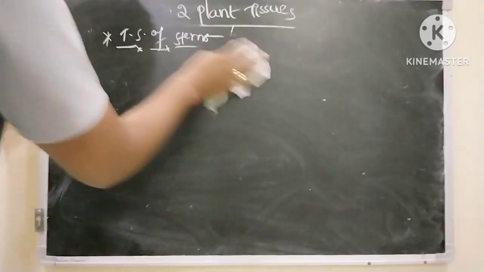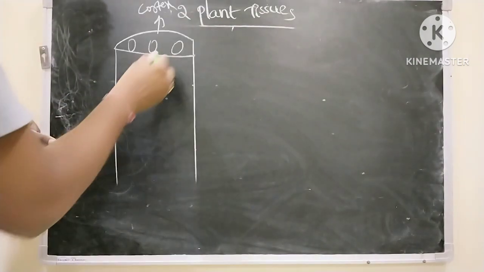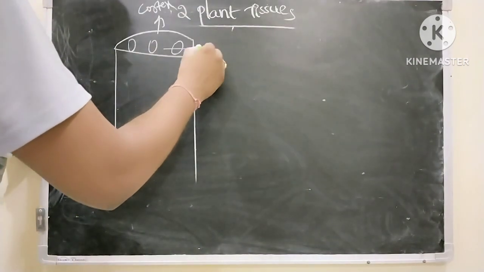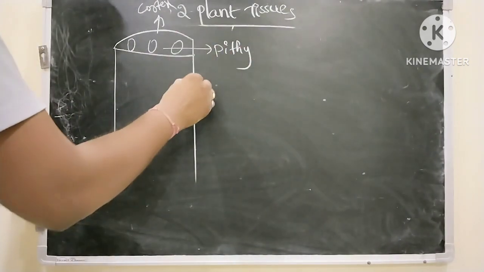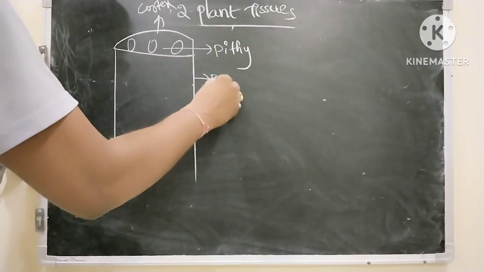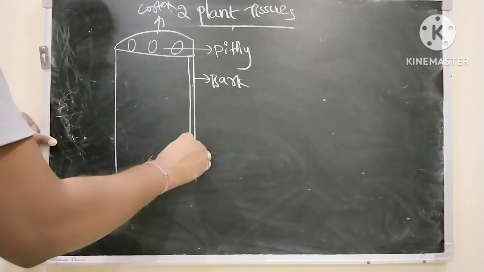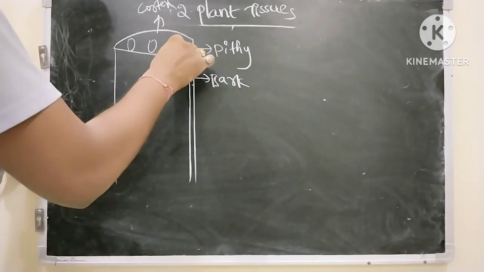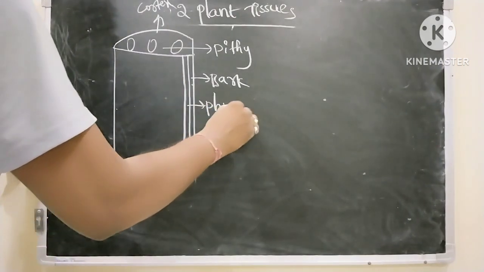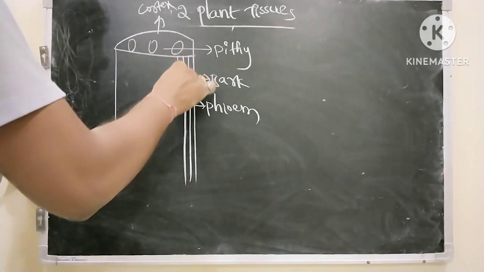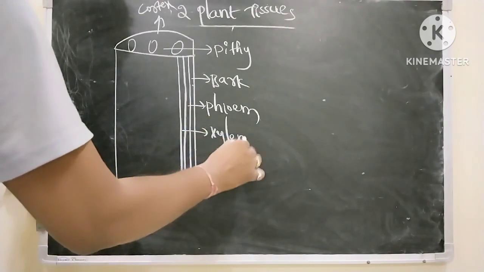Next, how food materials and water are transported in the plant body. This is the pithy part, and this is the bark portion, and this one is the phloem, and this is the xylem part.